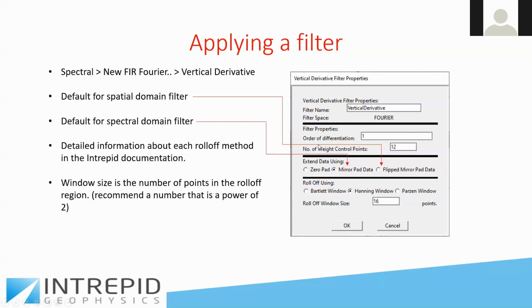But if it's a Fourier filter, I would have thought there are no real weight control points. You Fourier transform the data for a line and then alter the Fourier coefficients and then transform back again. So I'm not quite sure where weight control points come into it. I'll get some clarification for you on that, Richard, and I'll send an email after this session. No worries, thanks. No problem.